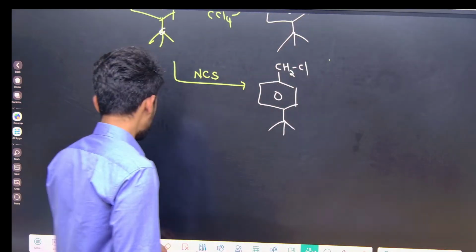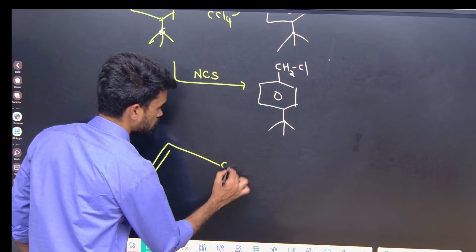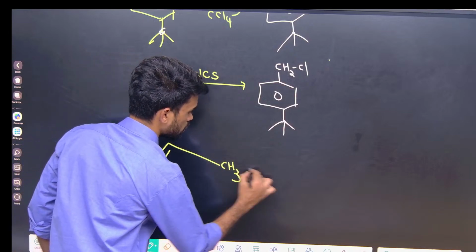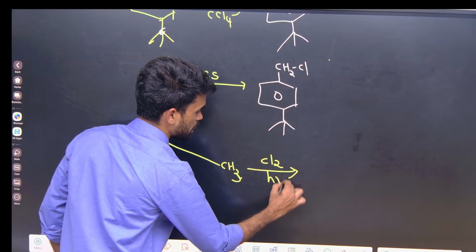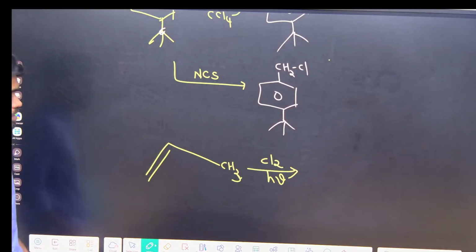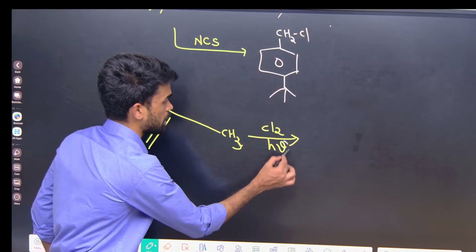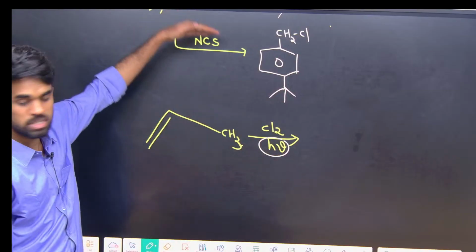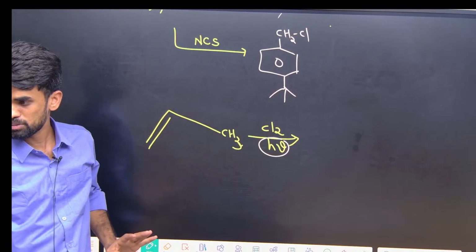And the next one is, here instead of doing this I can also take an alkene and treat it with chlorine in the presence of sunlight. What happens, tell me where it happens? CH terminal. Yes, in the presence of sunlight, this follows free radical substitution only.